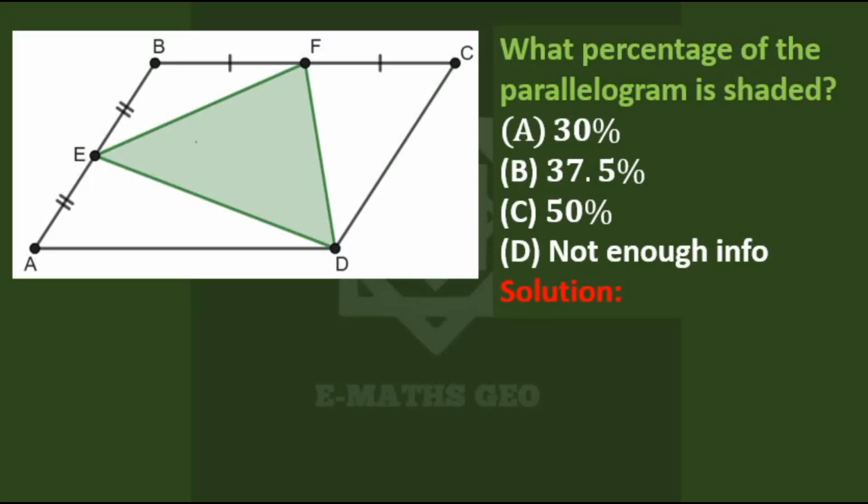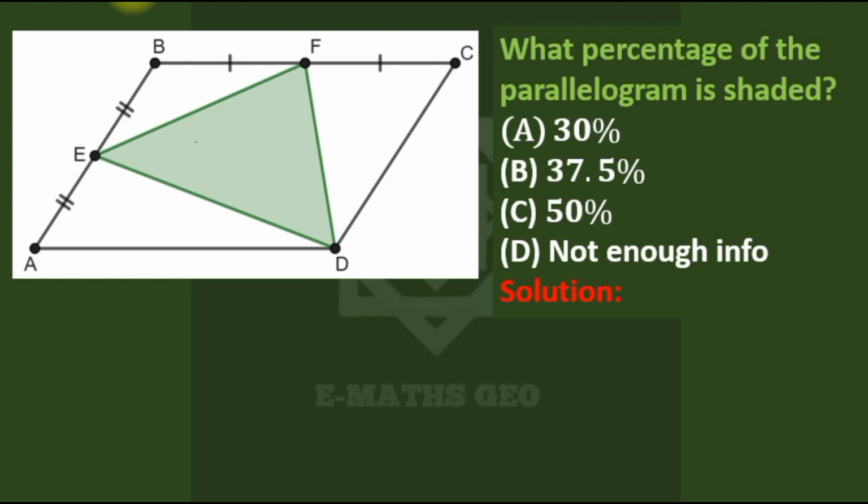What percentage of the parallelogram is shaded? Okay, so the answer is simple. So long as E and F are the midpoints, and the two are used in forming a triangle such that the opposite vertex is the vertex adjacent to the sides containing the midpoints.